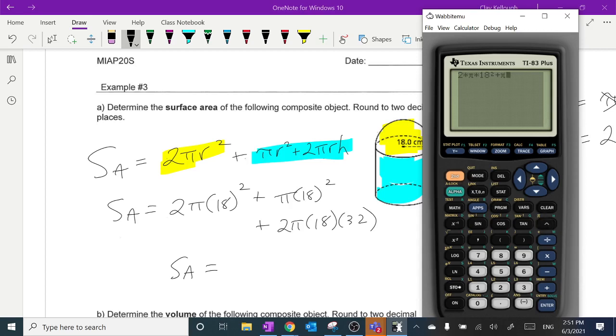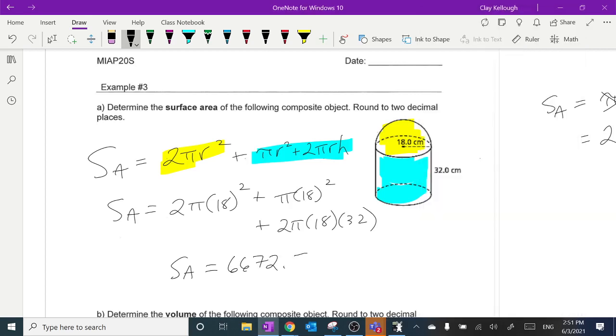Pi times 18 squared plus 2 times pi times 18 times 32. Ta-da! Big number. 6672.74 cubic, no, sorry, square centimeters. This is the surface area.